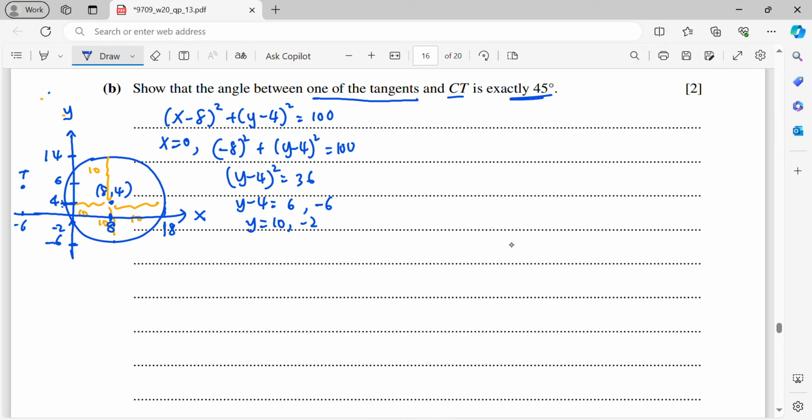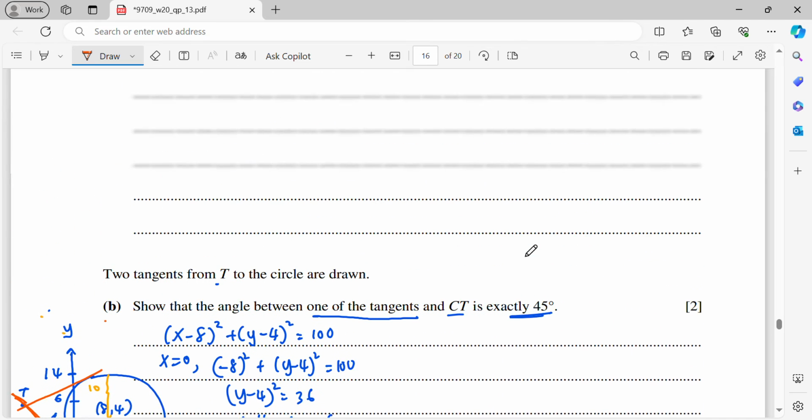So now, the angle between one of the tangents and CT. One of the tangents means it will be a tangent here, which touches the circle, and CT.